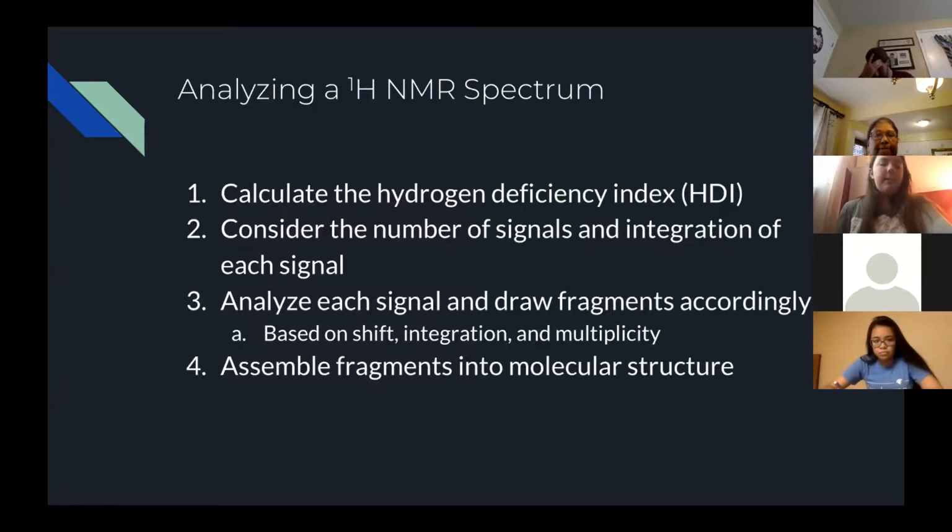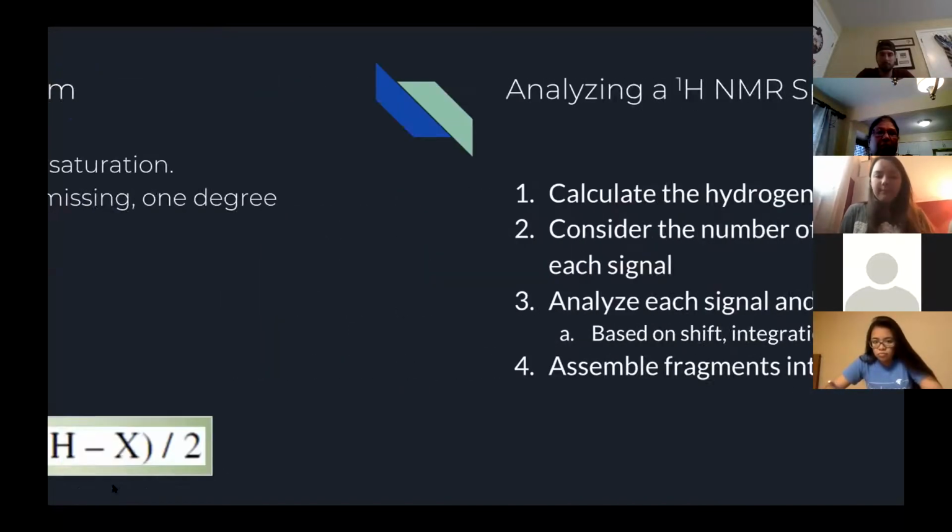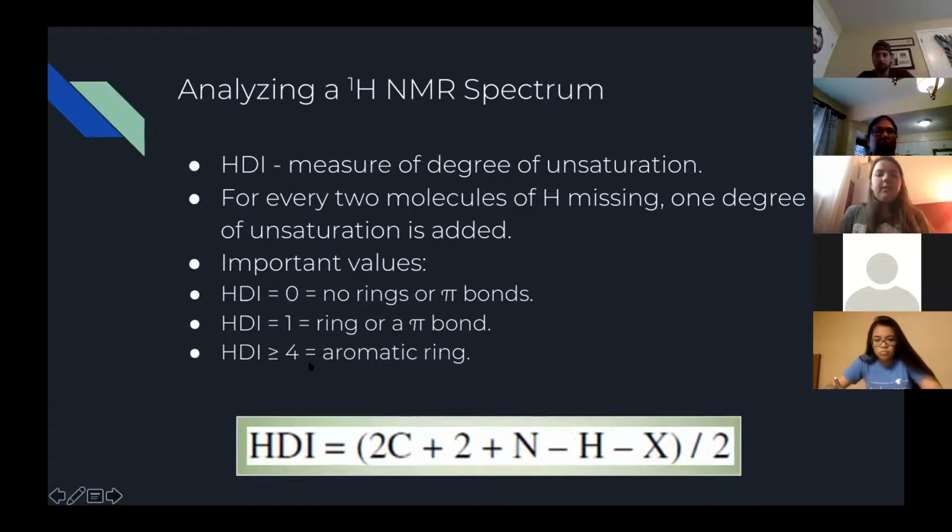Then you consider the number of signals and the integration of each signal. Then you analyze each signal and draw fragments accordingly, and we'll go through all these steps one by one. Based on the shift, integration, and multiplicity, that's how you assemble the fragments. And then you put all the fragments together to create that one structure that matches the molecular formula you got.